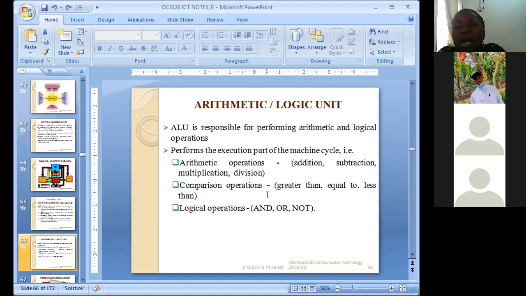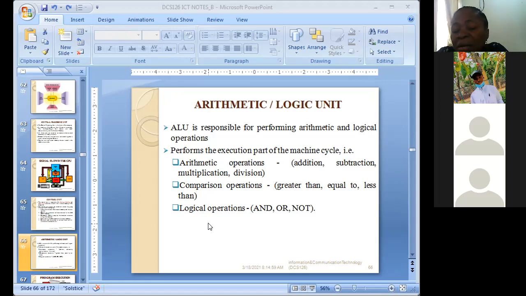Now, assuming in the last example I gave, after multiplying the two numbers, another instruction said, compare, check whether these two numbers are greater than 50. Are they greater than 50? If yes, add it to the list of students that passed. That's an instruction.